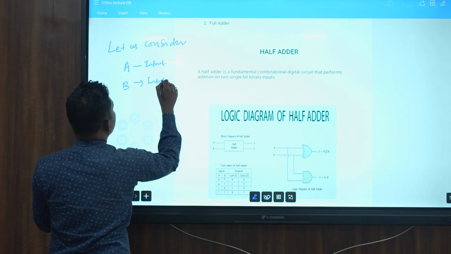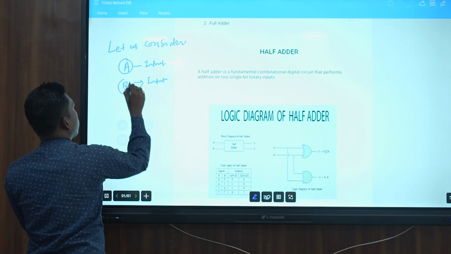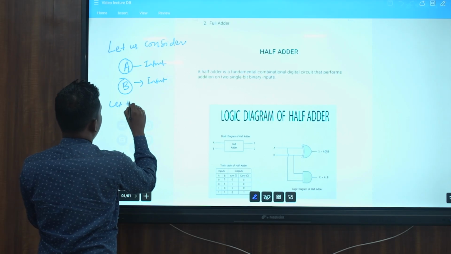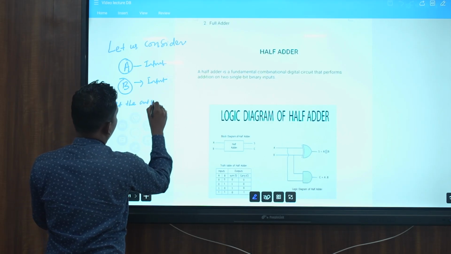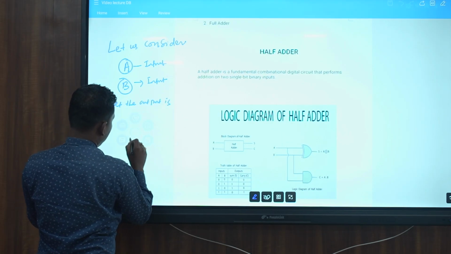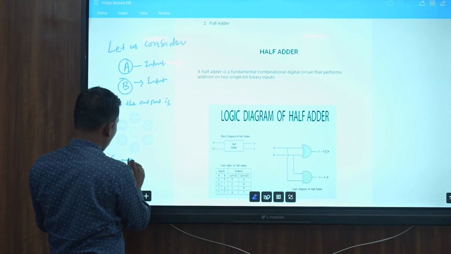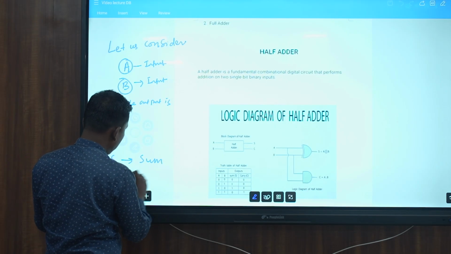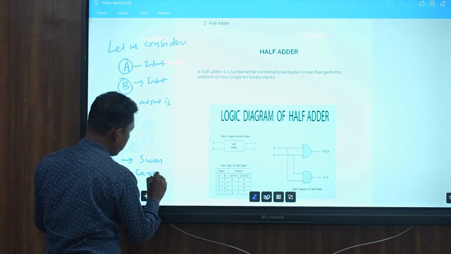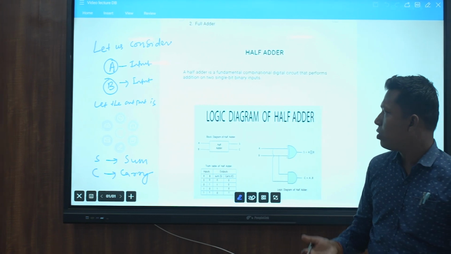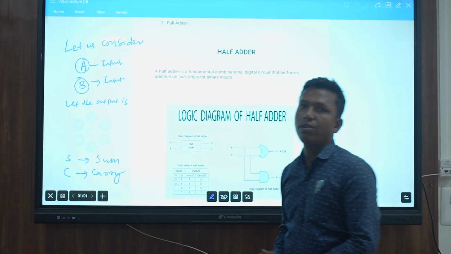That means 2 single bits. And also let the outputs be S and C, where S is known as sum and C is known as carry. As addition operation is going to happen, that's why in output we have to consider sum and carry.